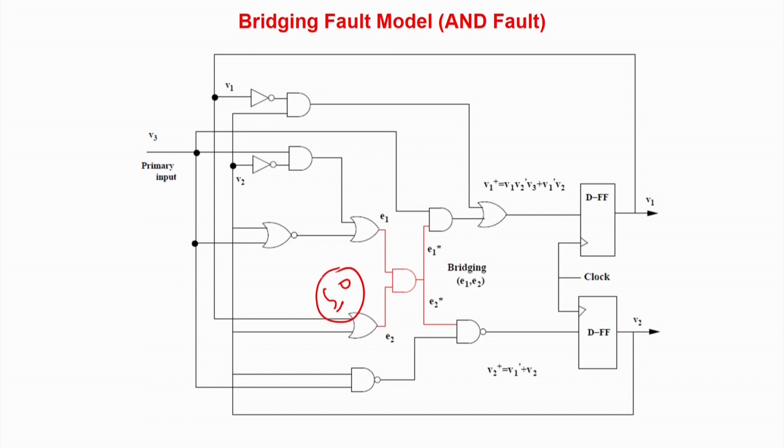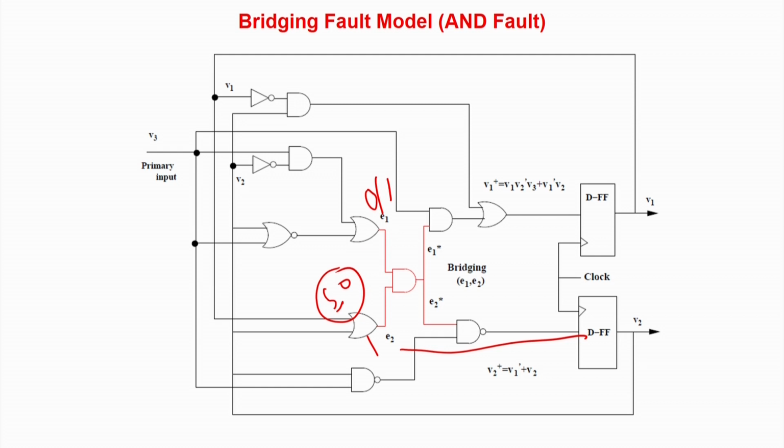This is what I am going to do. Just assume. In this case, what is going to happen? I have to justify this line, sensitize this line by 1, and then maybe I have to propagate the value of D over here, and then I have to go for the backtracking, which is actually going to justify all the values. But in that case, I will not bother whether E1 is a 0 or E1 is a 1. That I don't have to bother, because in ATPG it will just give me any value.